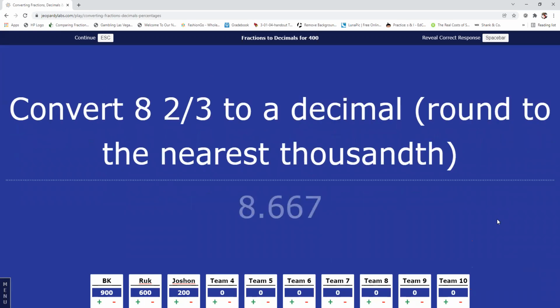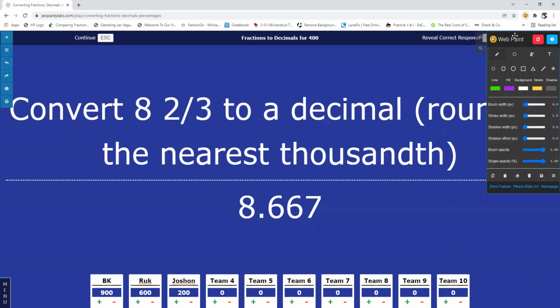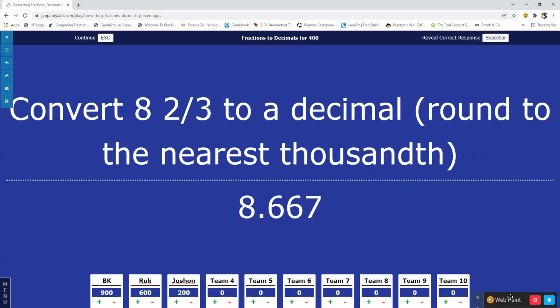All right, and the correct answer is going to be 8.667. So when we do questions like this, go fraction to decimal. In this case, we are dealing with a mixed number. So when we're dealing with a mixed number, remember you just focus on the actual fraction when you're doing the conversion. So when we go from a fraction to a decimal, we just divide our top value by our bottom value. So if we do 2 divided by 3, that's going to give us 0.6 repeating.